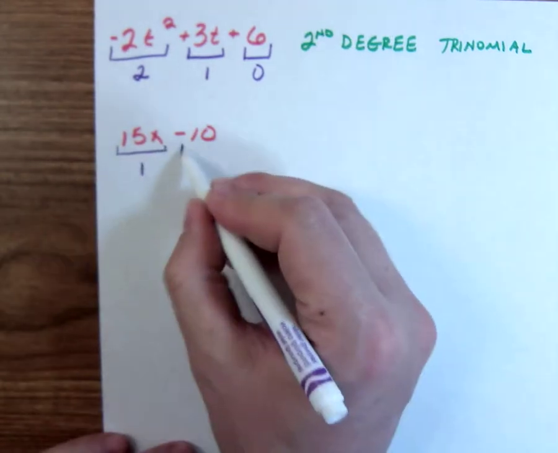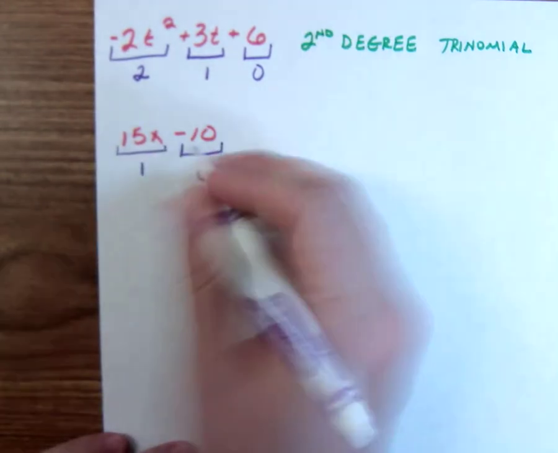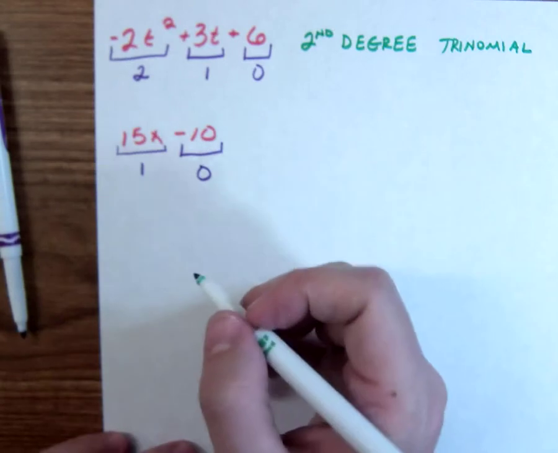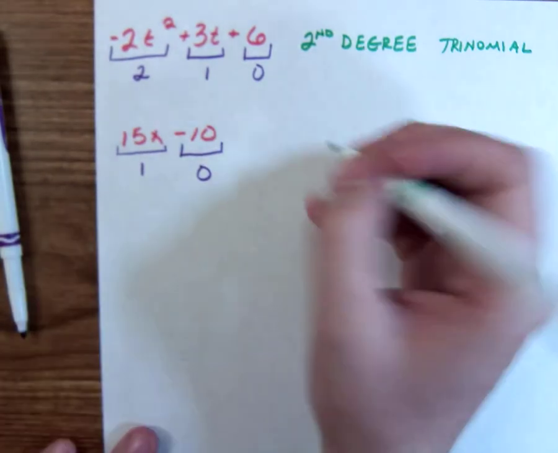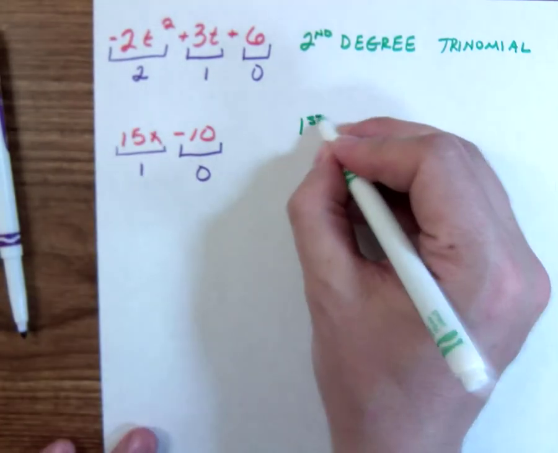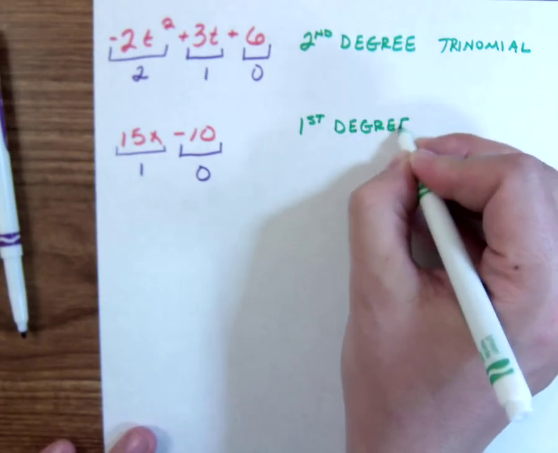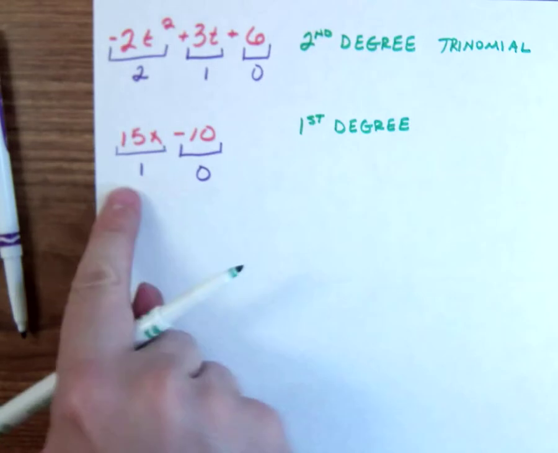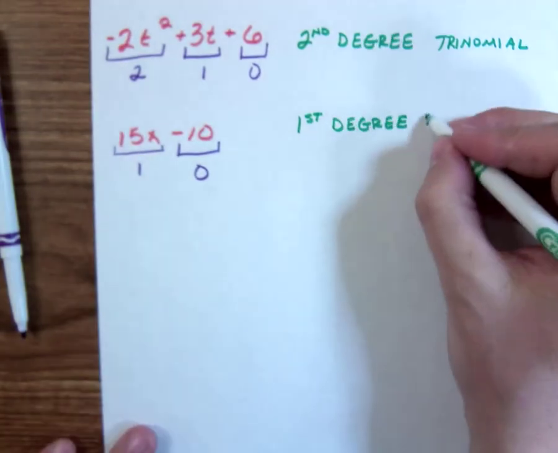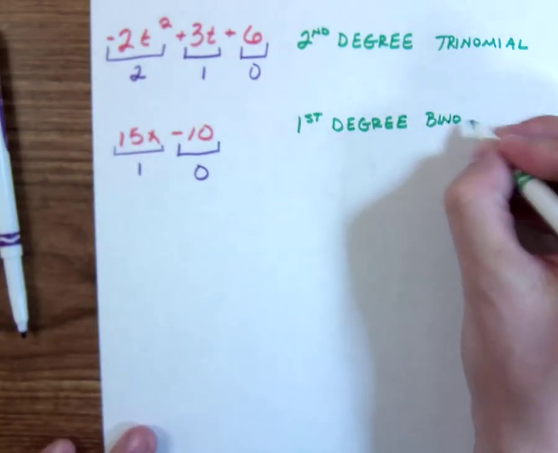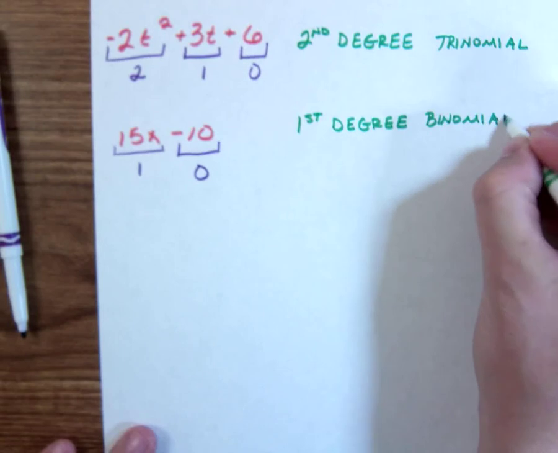And the degree of this one? So the highest is first degree. How many terms? 1? Technically 2. It's got 2. First degree binomial.